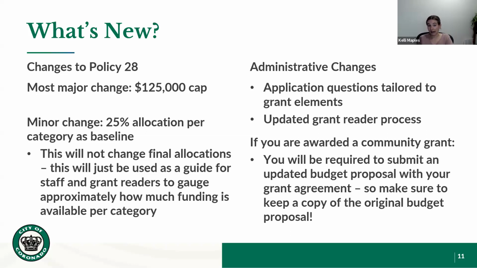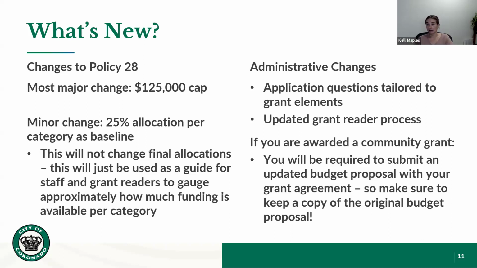The second minor change that the City Council approved was doing a 25% allocation per grant category as a baseline. If you watched the meeting or listened to it, I do want to make this really clear that this is not going to change the final allocations. This 25% allocation per the 4 grant elements is really just going to be used as a guide for me and for the grant readers when we're reviewing the applications and coming up with that funding recommendation.